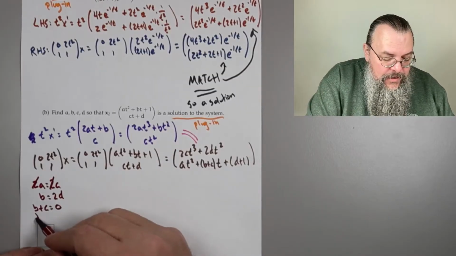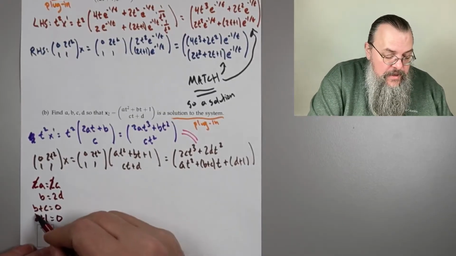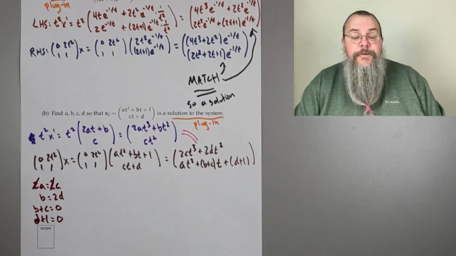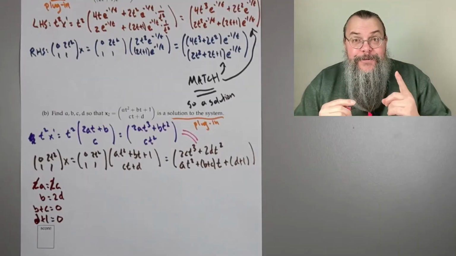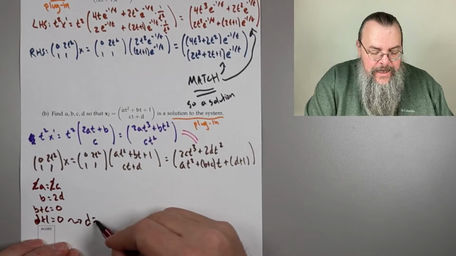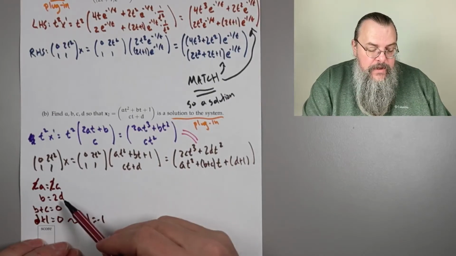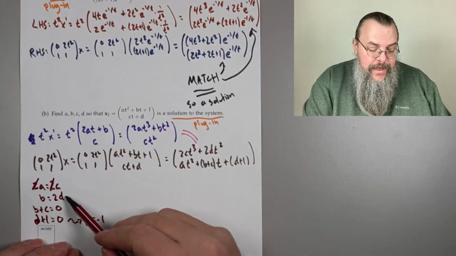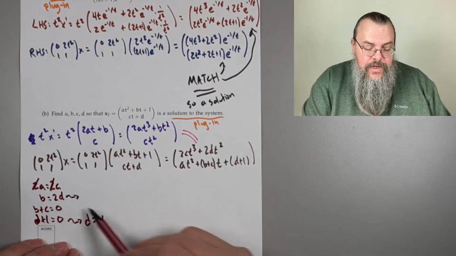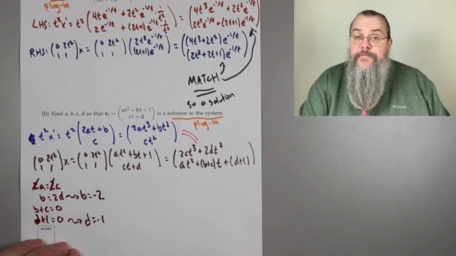All right, well, now we start saying, can we solve any of these? And make sure my d looks like a d. There's one that we can solve really quickly. We say, oh, d has to equal negative 1. And look at the b. That b is 2 times d. So that tells us that b has to be negative 2.